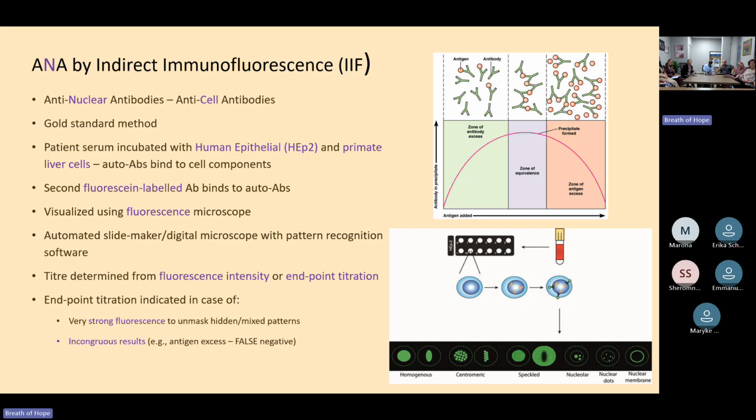All right, so nowadays we are using an automated slide maker with a digital microscope, and it's got pattern recognition software. Although it's not fantastic, one always thinks that AI is going to take over your job, but it just classifies in very broad categories.